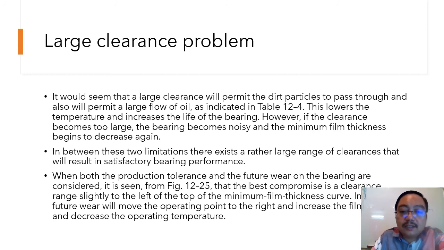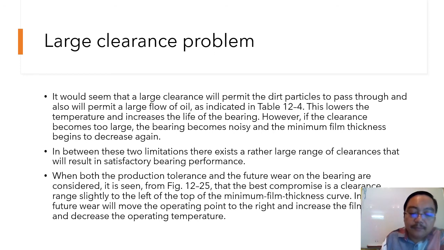In these two limitations, there is a large range of clearance that will result in satisfactory bearing performance when both production tolerance and future wear of the bearing are considered. It seems the best compromise is a clearance raised slightly to the left of the top of the minimum film thickness curve. You can go back to figure 12.25. See the minimum film thickness curve: in future wear we move the operating point to the right, increasing film and decreasing operating temperature.